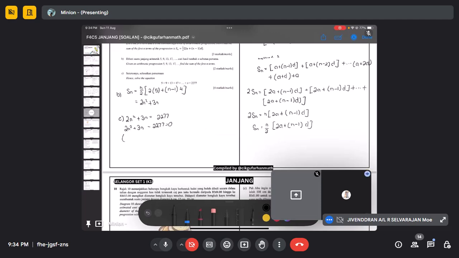Use the factorization method. Put two brackets equivalent to 0, make sure it's equivalent to 0 and make it into general form.